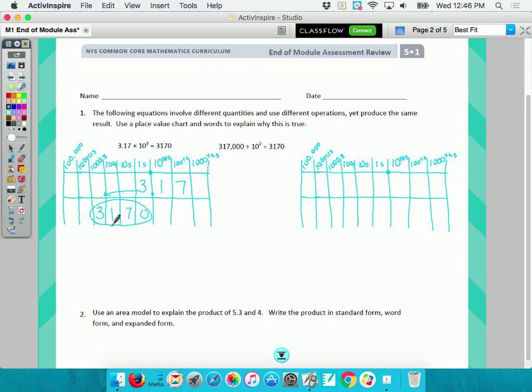Okay, did you write that down? And what do we write above it? Times, you're close, 1,000. 10 to the third is 1,000. Okay. So when I multiply, the number increases and the digits move to the left, right? Let's write that down.